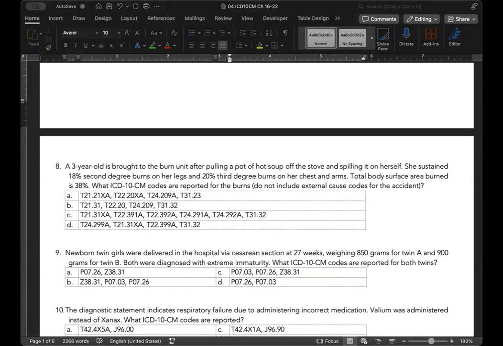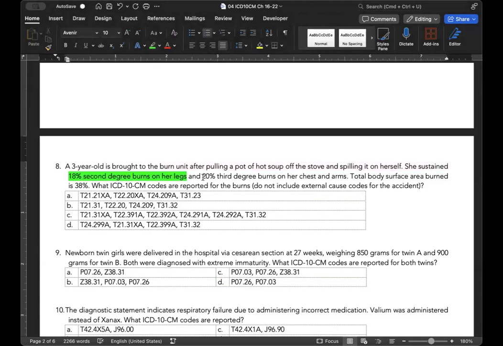Okay. So we have multiple burns. The first burn that we have here is the 18% second degree burn on her legs. We have a 20% third degree burn on chest and arms. Okay. Total body surface area is 38%.